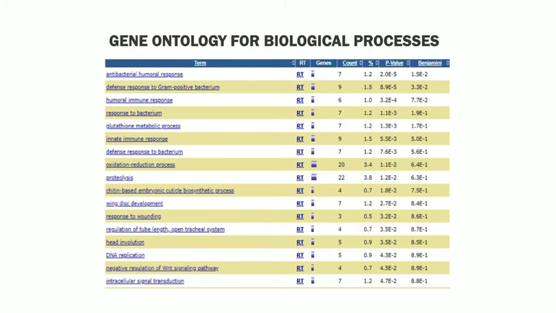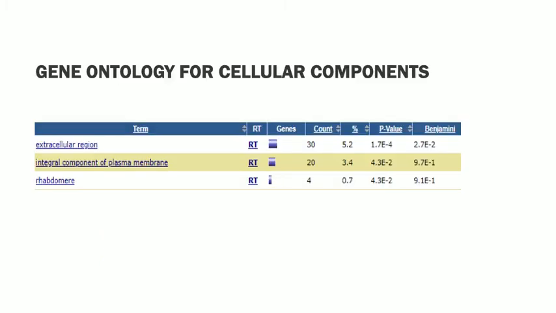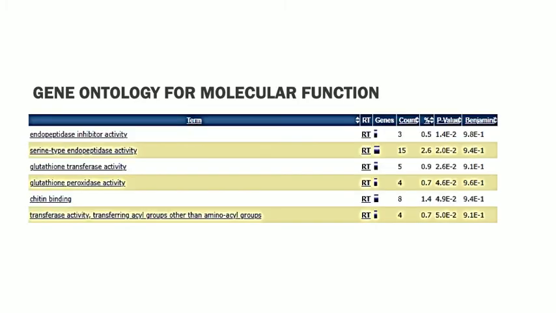All of these fall under immune response related processes. This figure shows the gene ontology for cellular components, followed by gene ontology for molecular functions.